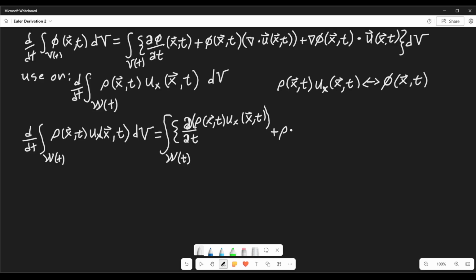Basically do this again, and this is just essentially replacing symbols. Space and time. Gradient u vector. I'm going to drop the x and t because I'm running out of space.